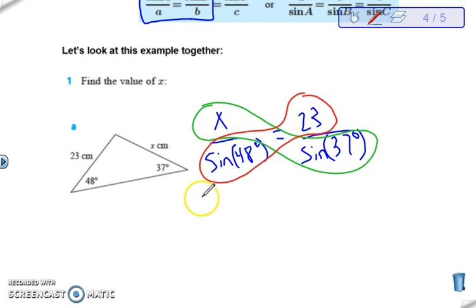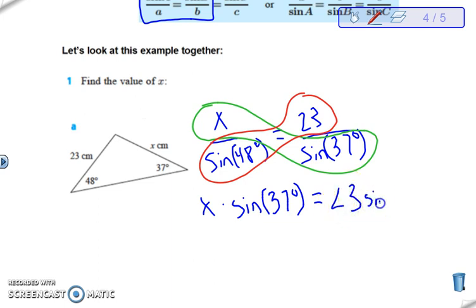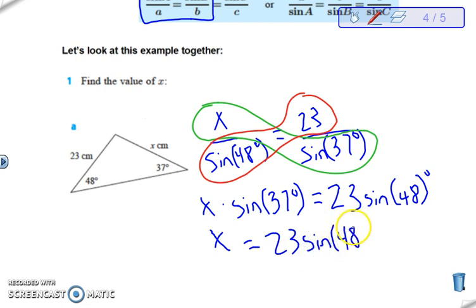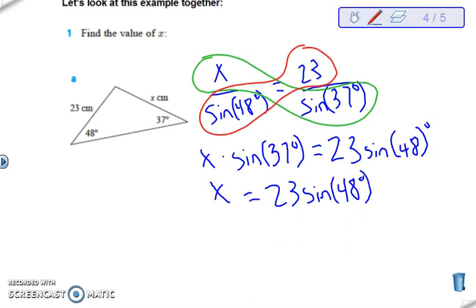All right, so x times the sine of 37 equals 23 times the sine of 48. If I'm solving for x, we just want to divide the sine of 37 over. And then we can type that in our calculator.